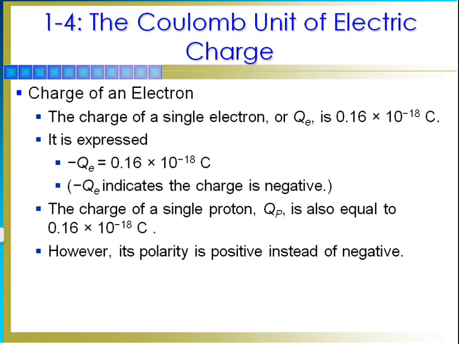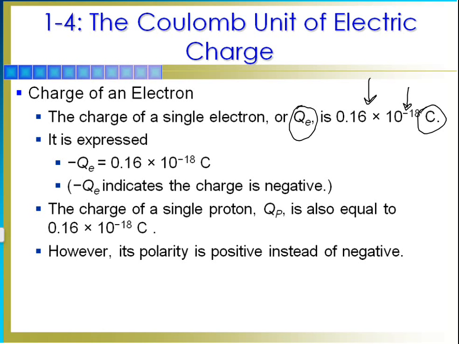So the charge of a single electron, or the Q of an electron, is 0.16 times 10 to the minus 18th C. That is the charge value of a single electron.